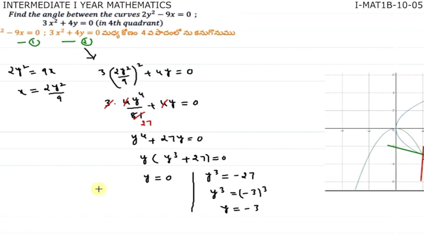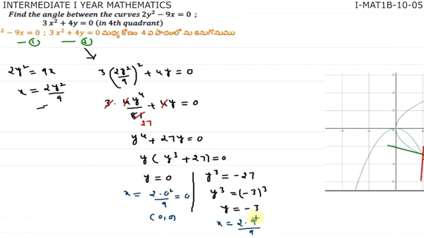Now substitute the y values in this equation. In the first case, x is equal to 2 into y square, which is 0 square, by 9, that is 0. So one coordinate is 0 comma 0. Now for the other one, x is equal to 2 into y square, which is minus 3 whole square, 9, divided by 9.